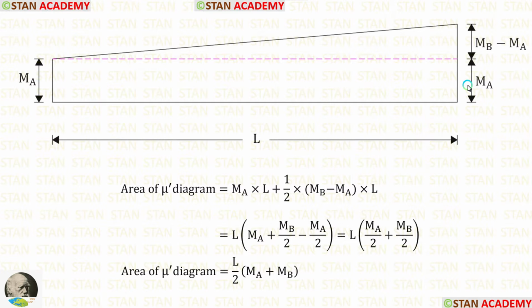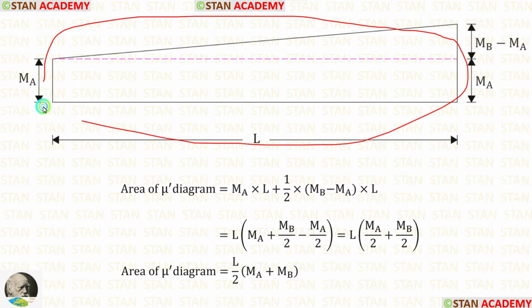In the Mu dash diagram, let us split MB into two parts, MA and MB minus MA, so that this diagram is split into two parts, one triangle and one rectangle.